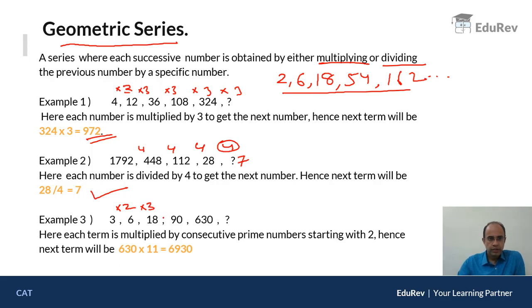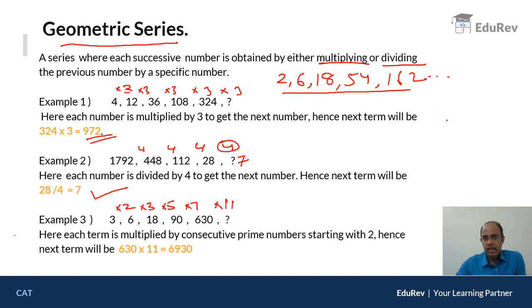As a student, my next prediction would be 18 fours, but 18 fours are 72. I observe it is 18 fives, and then 90 sevens is 630. Then I understand it's not a consecutive numbers product, it is a prime numbers product: 2, 3, 5, 7. Hence, the next term should be 630 into 11, the next prime number.